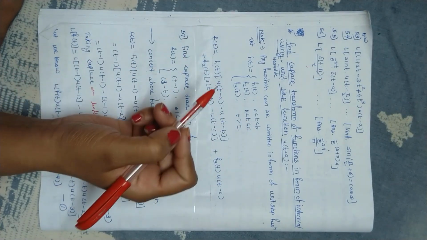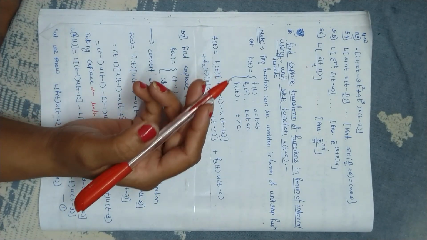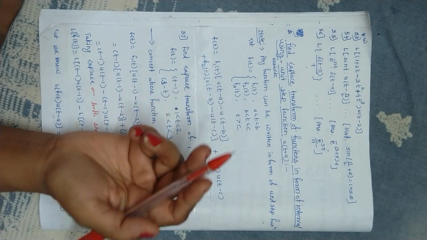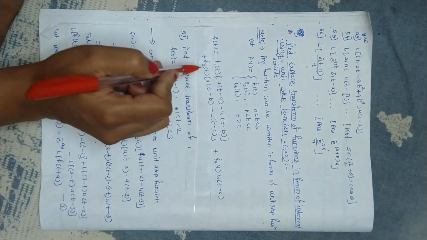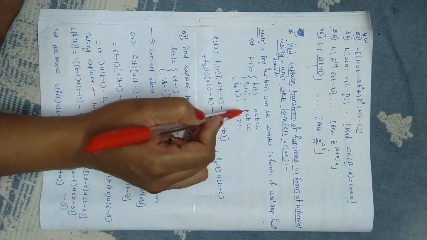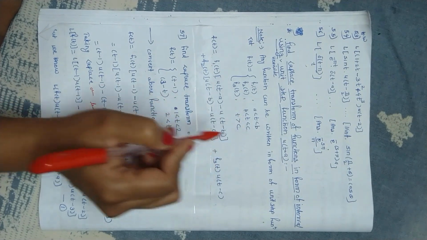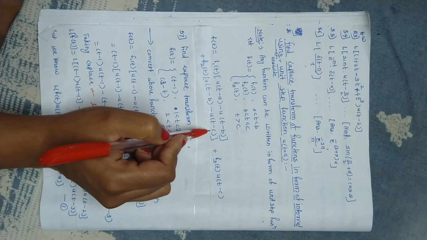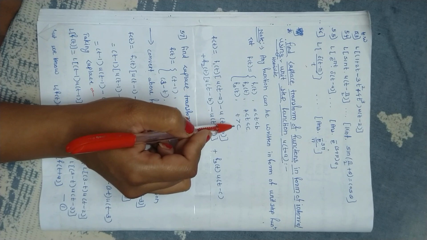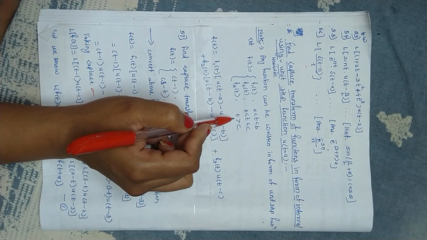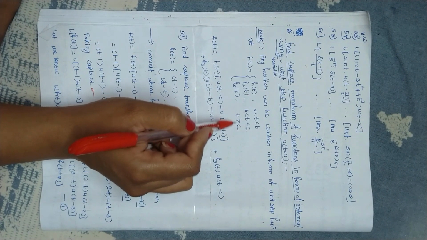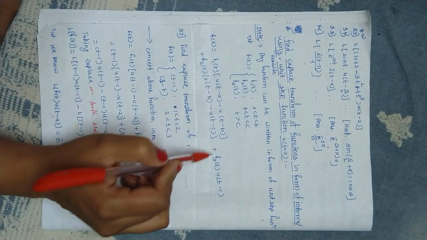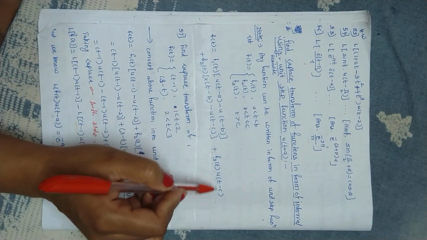Now go on adding, depending on how many intervals there are. Plus f2(t) into u of t minus b minus u of t minus c, plus here no upper limit is there, that's why we take only one, that is c: f3(t) into u of t minus c.